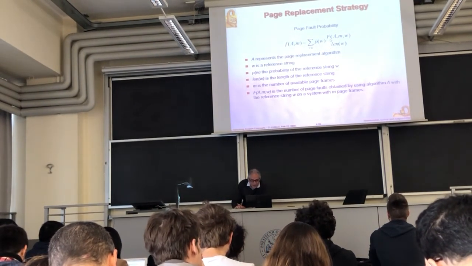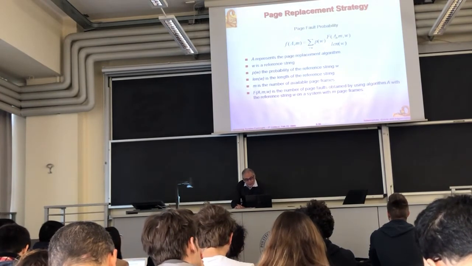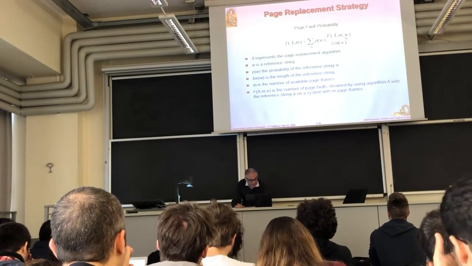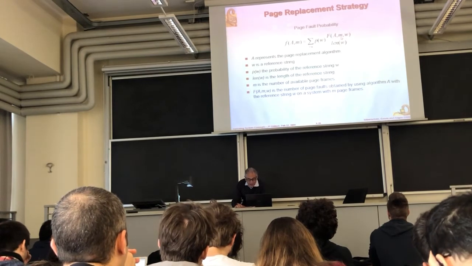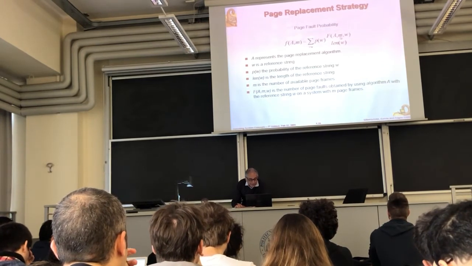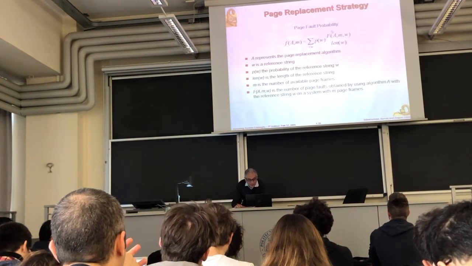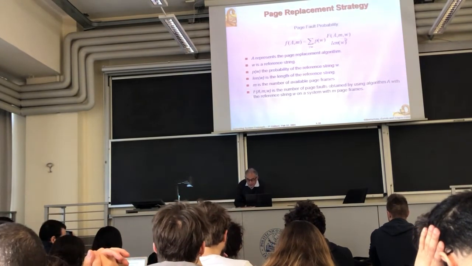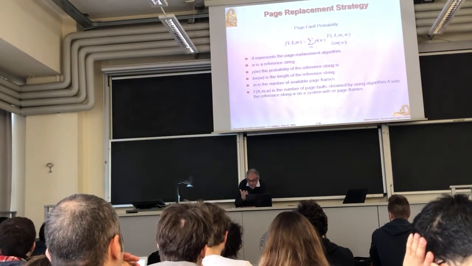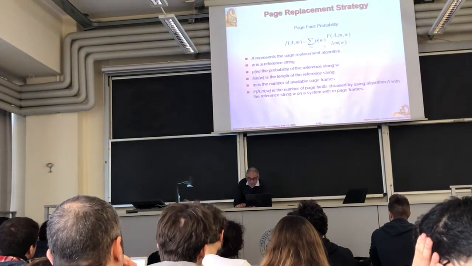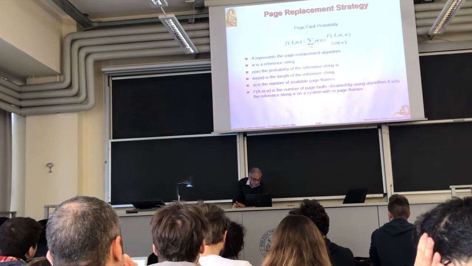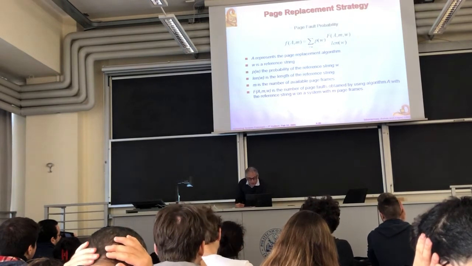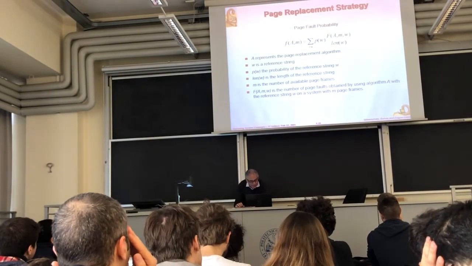So you compute the number of page faults obtained by algorithm A using a reference string W and a size of memory M. You divide by the length of the string, and this gives you the frequency of page faults, and you weight this frequency by the probability of the string. So this is the normal definition of the average of this probability.